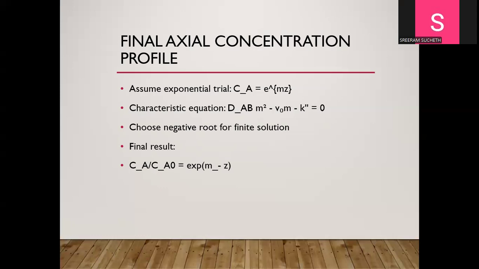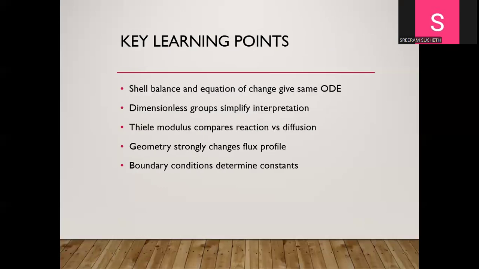The final concentration profile we get is CA upon CA naught equal to e to the power of minus m z. This shows the exponential decay of concentration along the axial direction. As we know, we already got the characteristic equation as DAB into m square minus v naught m minus k double dash is equal to 0.